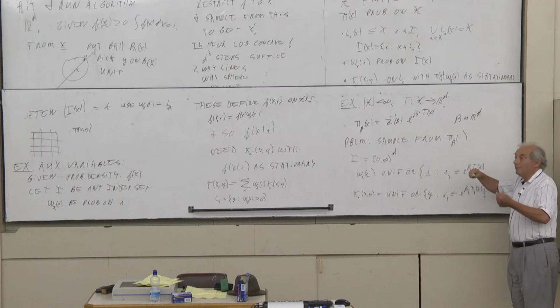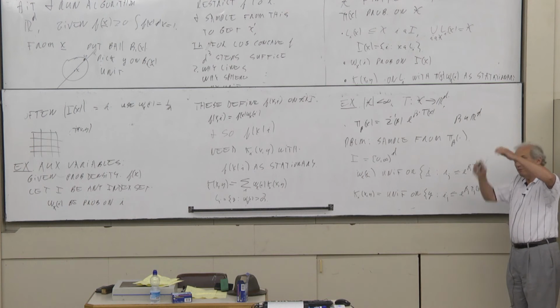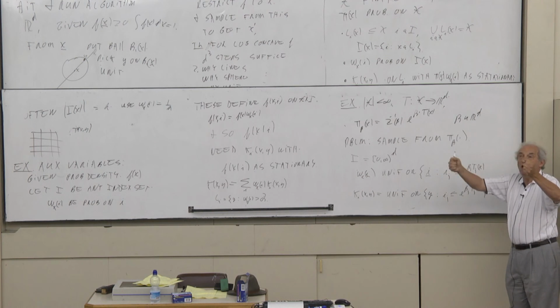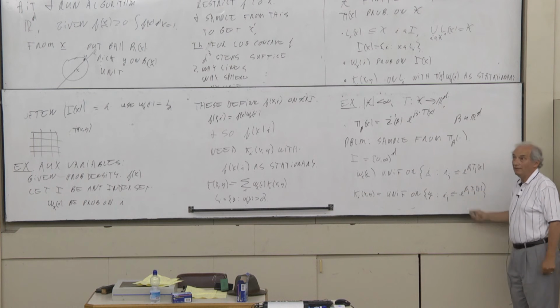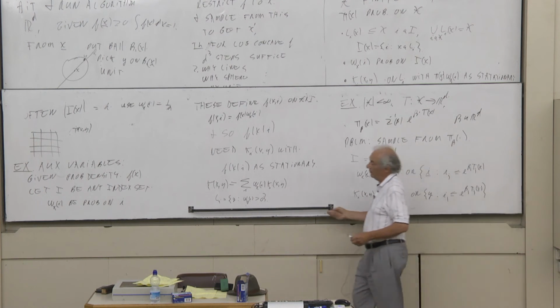That gives you a two-step algorithm: from x, pick I from this rectangle, and then pick a y uniformly in here. And that satisfies everything that we're talking about.